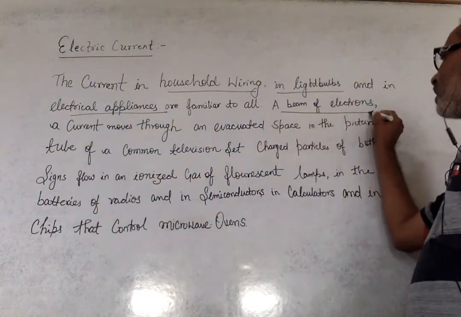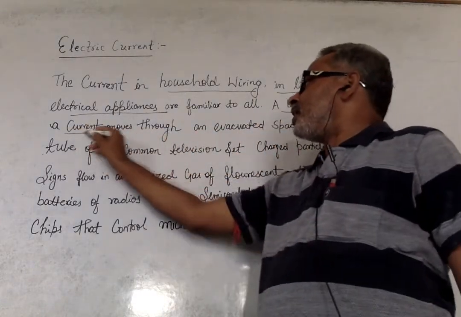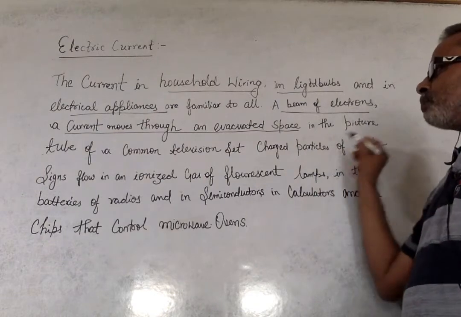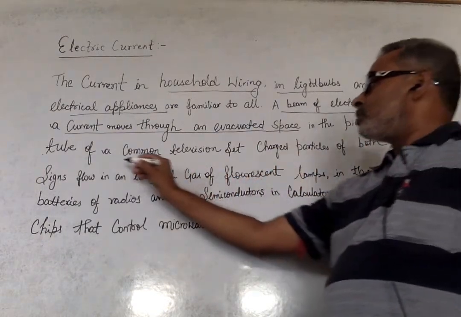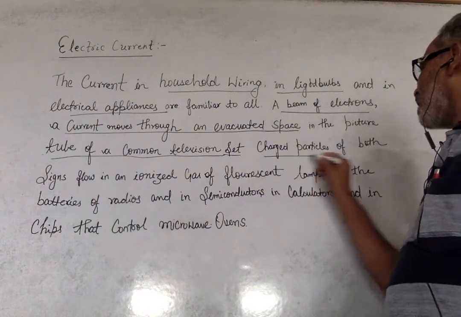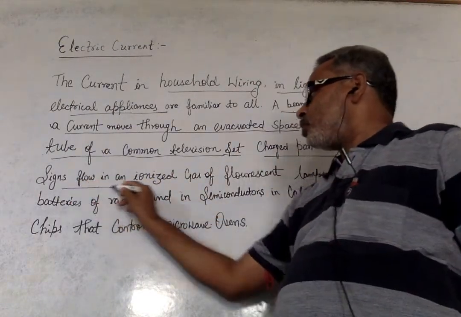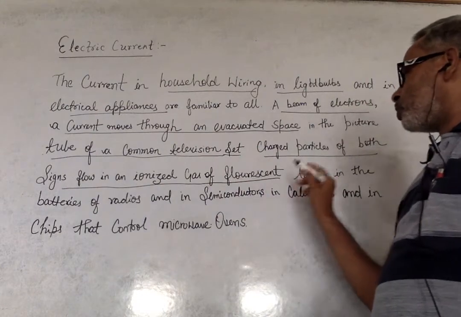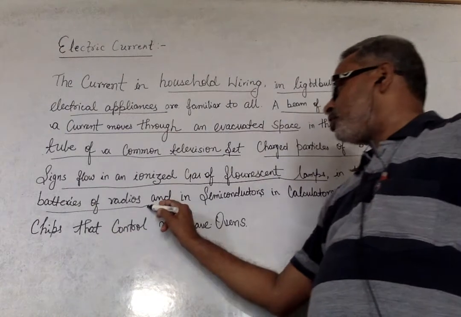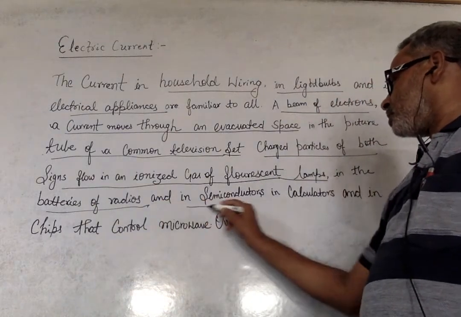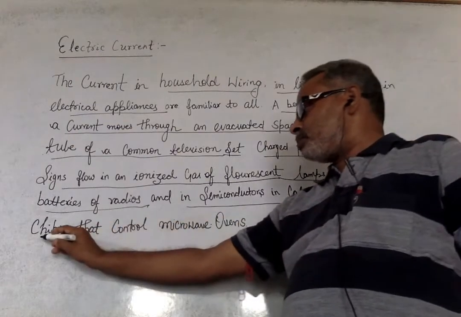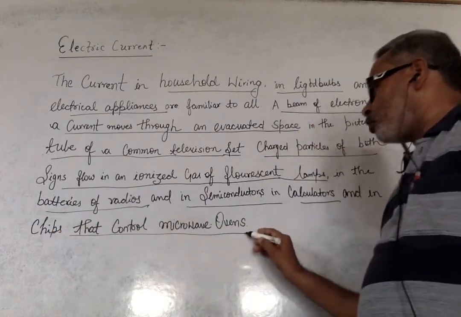A beam of electrons, a current, moves through the evacuated space in the picture tube of a common television set. Charged particles of both signs flow in the ionized gases of fluorescent lamps, in the batteries of radios, in semiconductors, in calculators, and in chips that control microwave ovens.